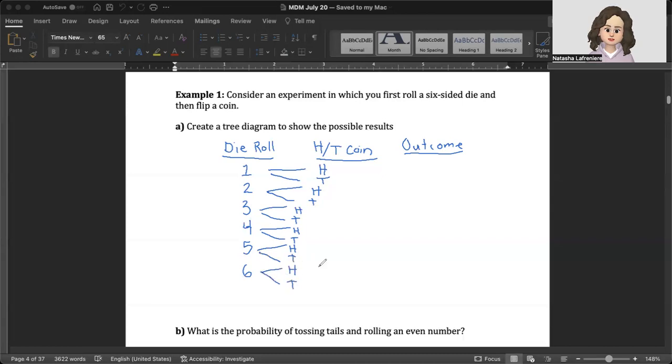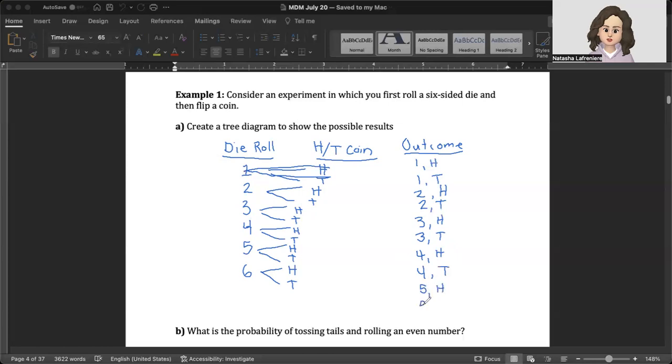Okay. And so your outcome here is that you'll have 1 and heads. So that's this guy. And then you've got 1 and tails. And so you'll keep going like that. So you'll have 2 and heads, 2 and tails, 3 and heads, 3 and tails, 4 and heads, 4 and tails.